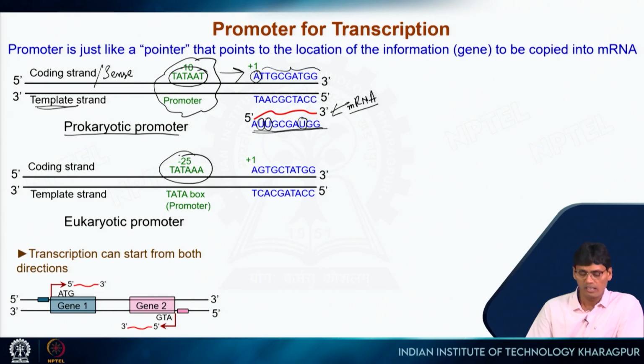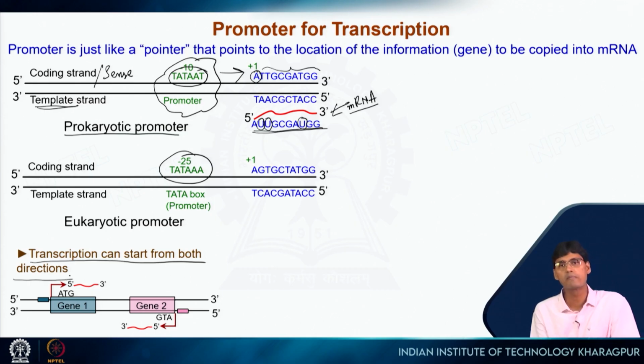Now, here one important aspect I want to mention: transcription can start from both directions. What is that? RNA and DNA are always synthesized in the 5 prime to 3 prime direction.